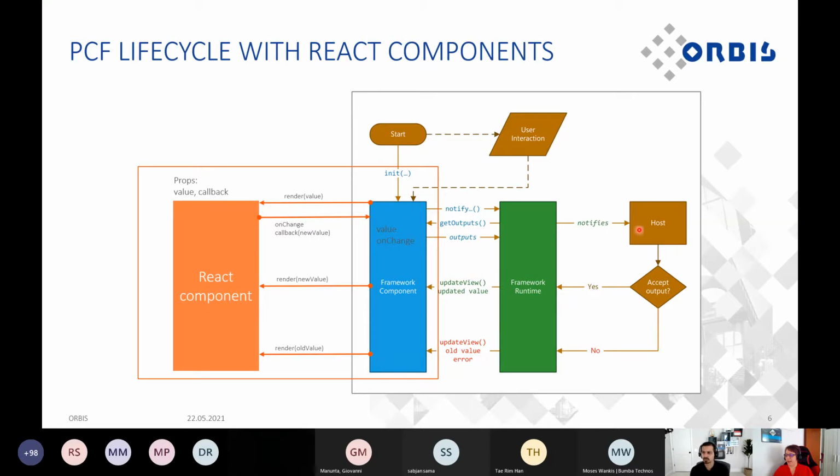The change is notified to the host, and after that the platform decides if the value will be accepted. In that case, we have the whole way back from the framework to the React component with the new value. If it was not accepted, then update view is also called with the old value and an error.